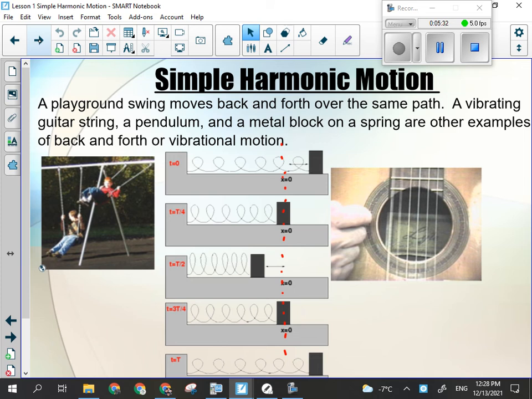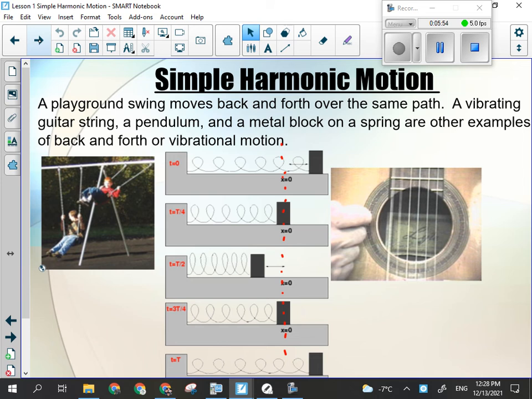And also true for basically all musical instruments. Something has to be disturbed in order for it to start to oscillate with simple harmonic motion and produce a musical note. The simplest is the guitar string, or any string instrument. Even a piano is a string instrument, because it's hitting the strings on the inside of the piano.